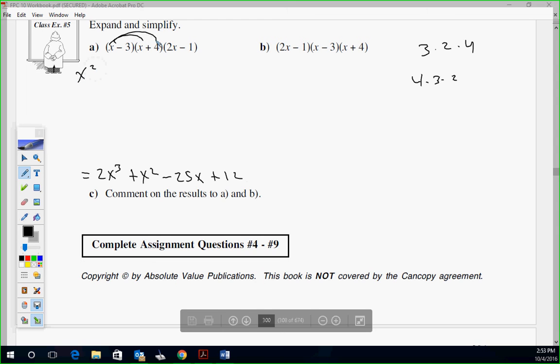Okay? x times x, x squared, 4x, negative 3x, negative 12. So that gives me x squared plus x minus 12 times 2x minus 1. I'm going to break that up for distributing now.